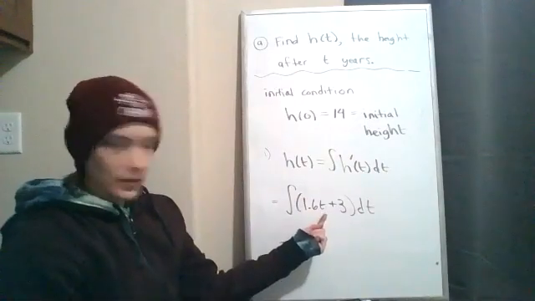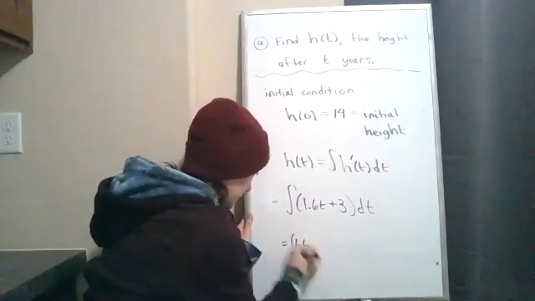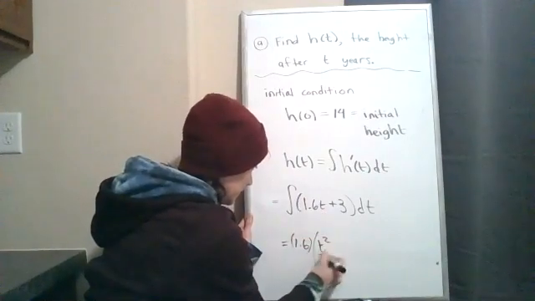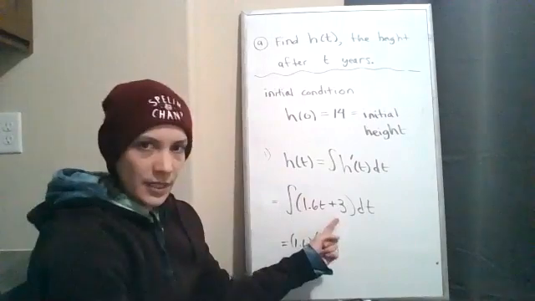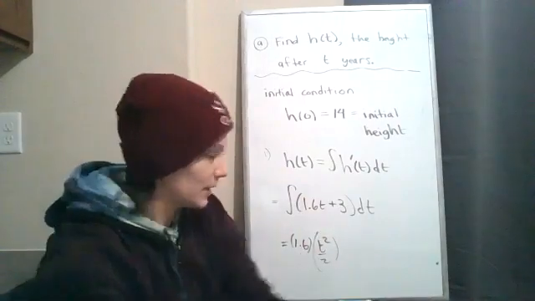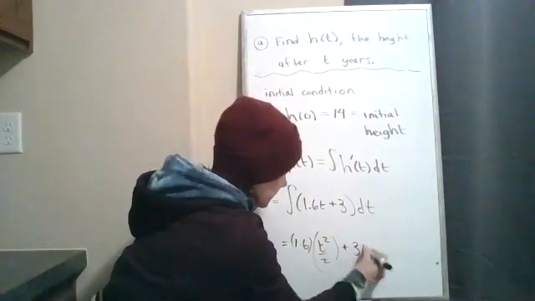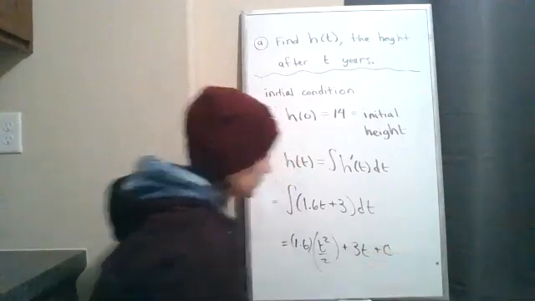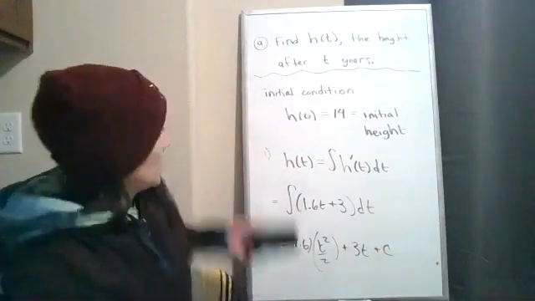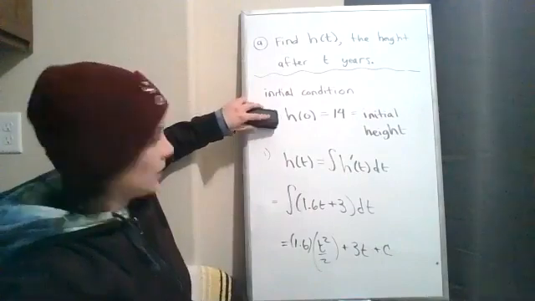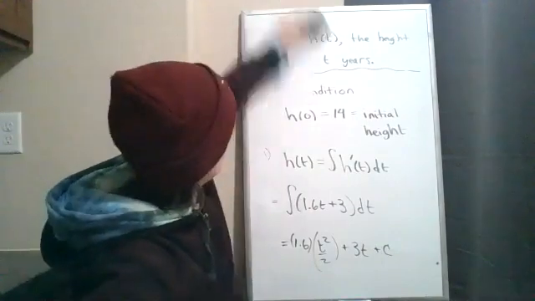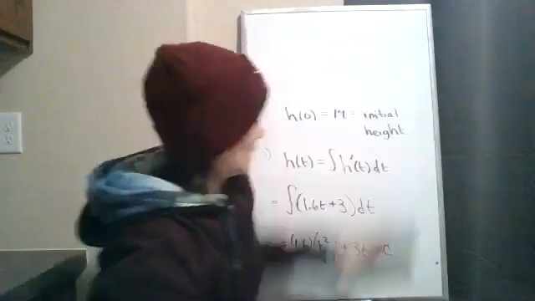So that's 1.6 times t squared over 2, plus 3t plus c. Use your initial condition to get c.